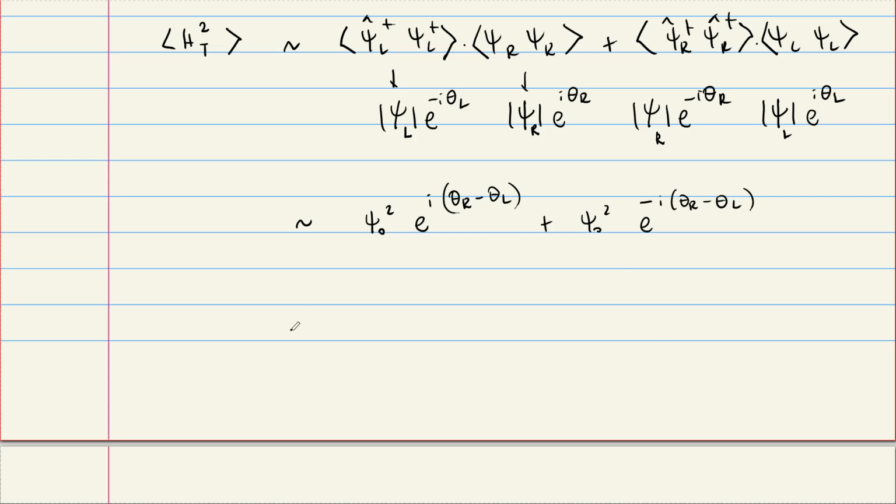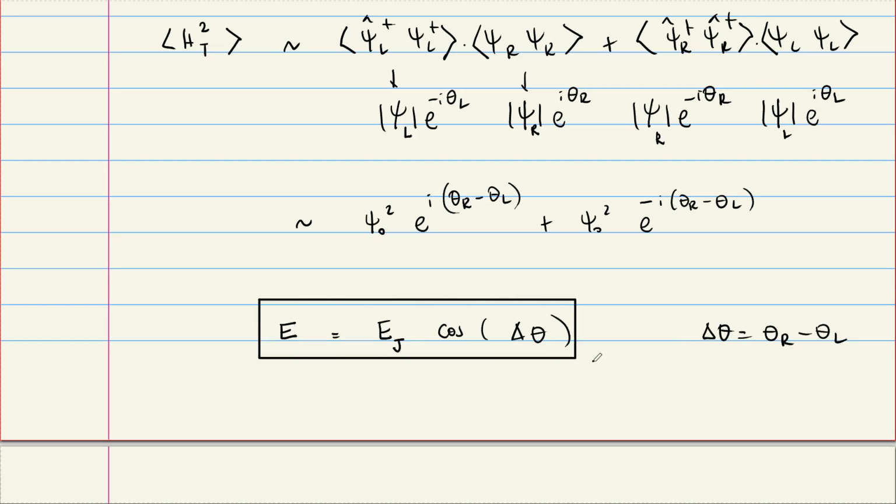And from here, let me call it E, the contribution to energy from the junction, it is some constant, typically called the Josephson energy, times cosine of theta right minus theta left. Or let me just write it as cosine delta theta, where delta theta is theta right minus theta left. Good.